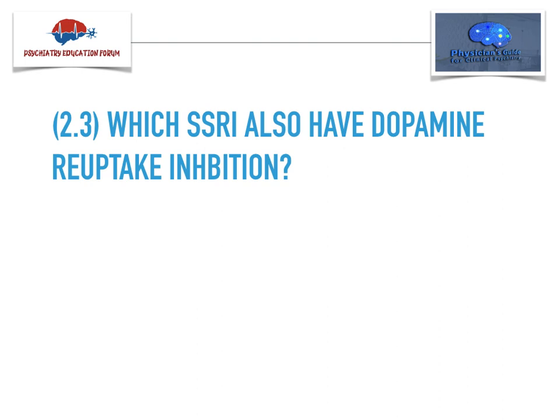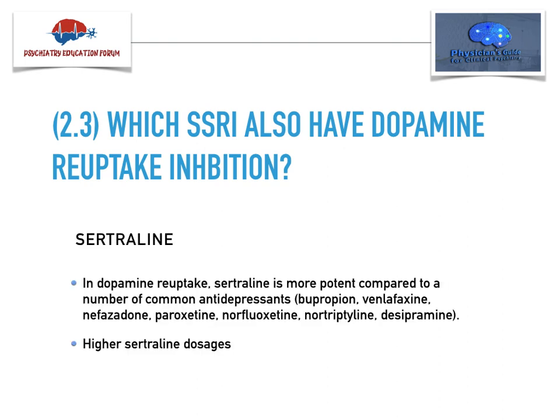And this medication is called sertraline. Sertraline acts on a dopamine reuptake inhibition at a little higher dosages. I will say at 150 milligram or 200 milligram dosage compared to other antidepressants that we have. So very important point here. This was point number 3.